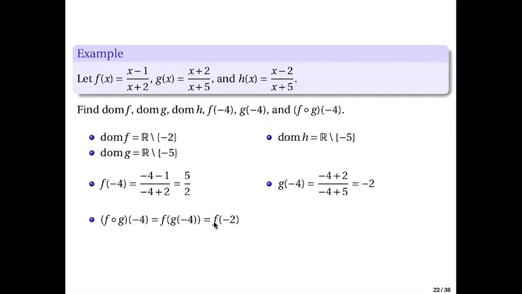Now we are evaluating f at negative 2. In fact, if you replace the x with negative 2 here, you will have a 0 denominator, which means this is undefined. Meaning f circle g of negative 4 is undefined.